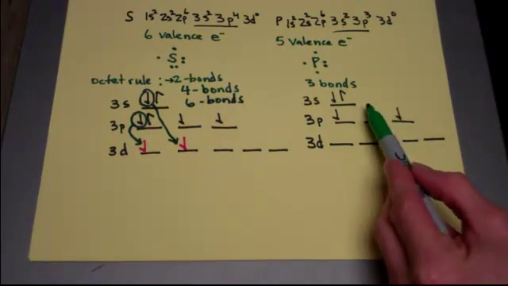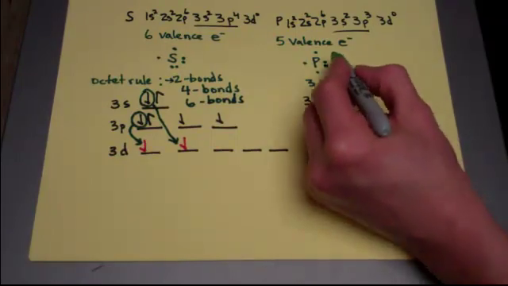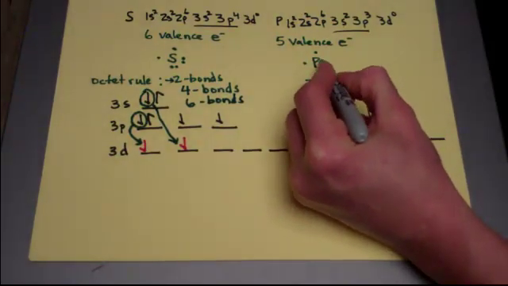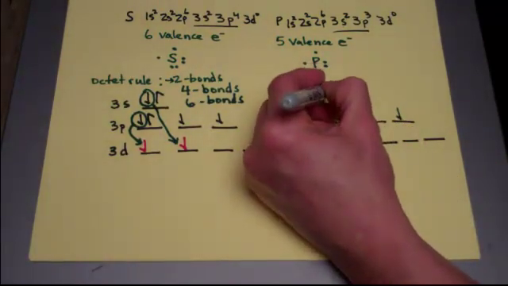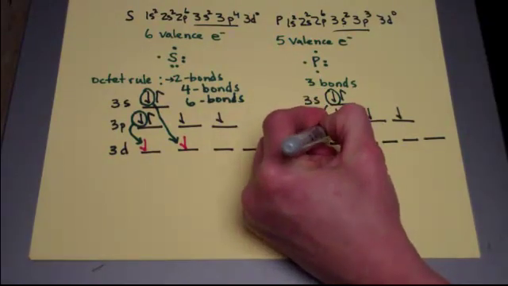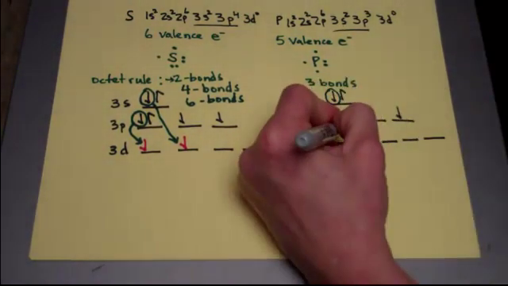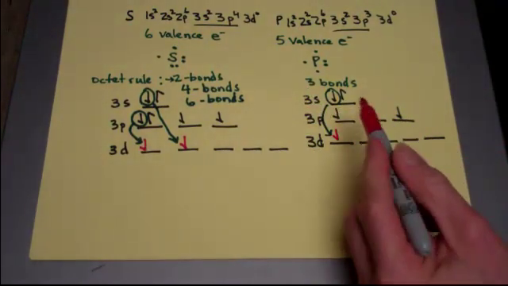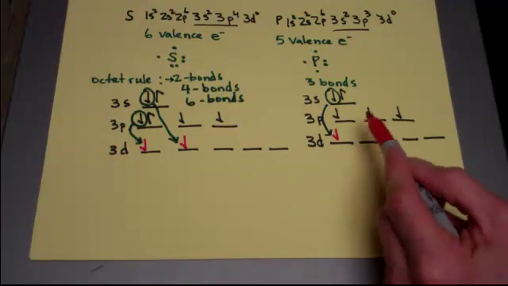You can see that with phosphorus, we're a little more limited. We only have one pair that's actually sharing, in the s orbital, and we can shift one electron down into these free d orbitals, which opens up 2 extra spaces for sharing electrons with other atoms.